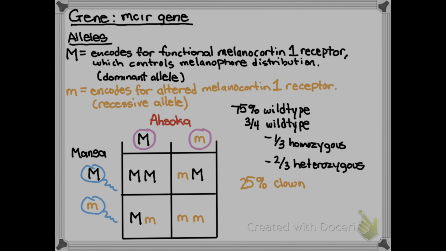And then 25% of the offspring have a probability of having the clown phenotype. In other words, 1/4 we could expect to have a clown phenotype.